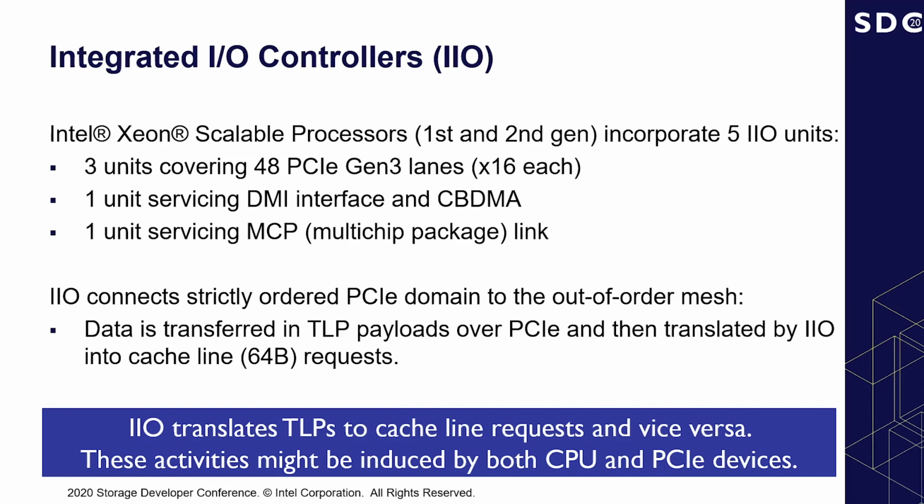The IIO will take that transaction layer packet with 256 bytes of data in that single packet, break it up into 64-byte transactions, and deliver that to the mesh. The same thing happens in the other direction. It can get multiple transactions from the mesh, coalesce them into a transaction layer packet, let's say 128 bytes or 256 bytes, and then deliver that TLP to the PCI Express device.